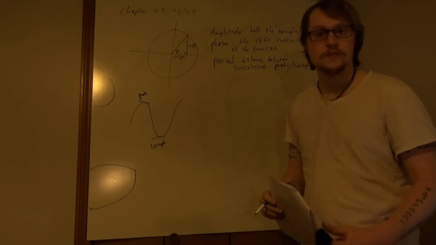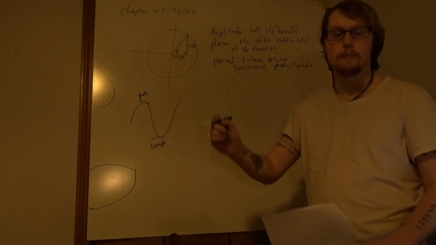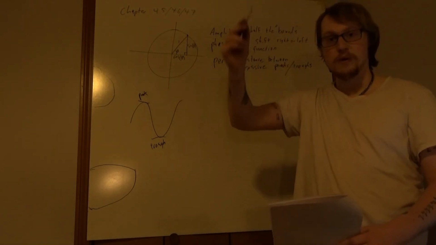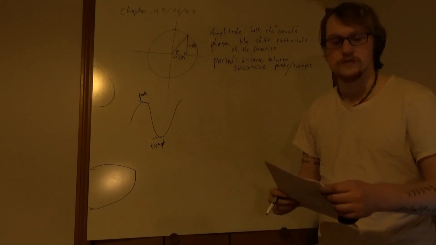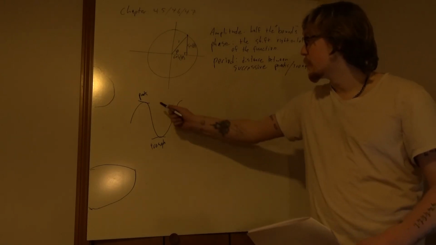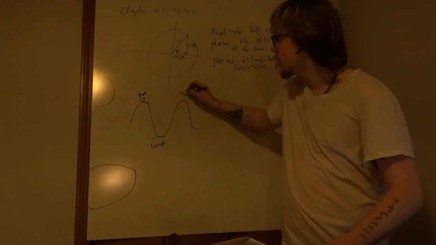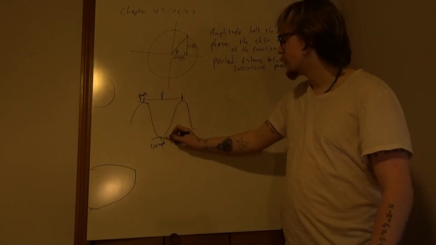It's very tempting to try to define the period by the distance between the zeros, but because this thing goes up and down twice for every peak, you're actually going to have twice as many zeros as you do peaks. So it's very tempting, but we should only measure the period by the distance between successive peaks, right? So this distance is the period.